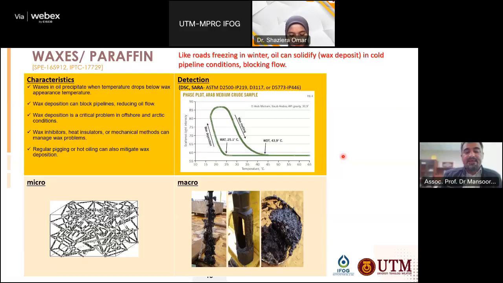And then ASTM D3117, the standard for determining wax appearance point of distillate fuels. And also we have ASTM D5773 or IP446, a standard test to determine cloud point of petroleum products and liquid fuel using automated instruments.